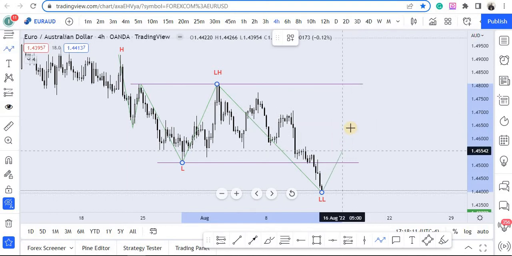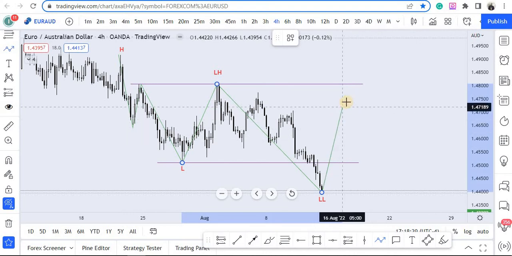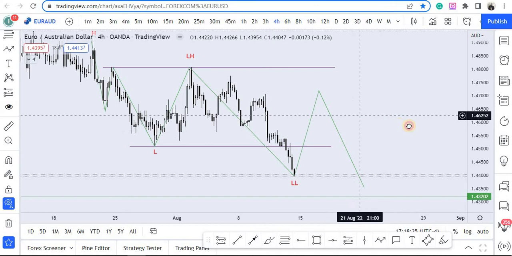If price eventually retraces, that's what we'll be expecting. So going into next week, just go and look at what price does. We expect a retracement, then a continuation down if the downtrend is to continue.